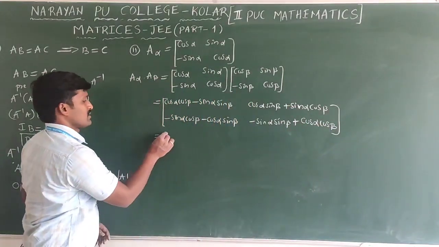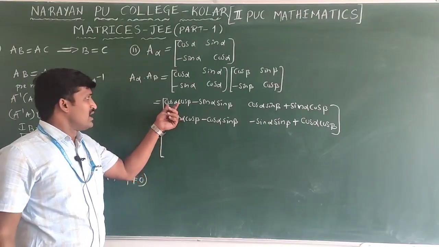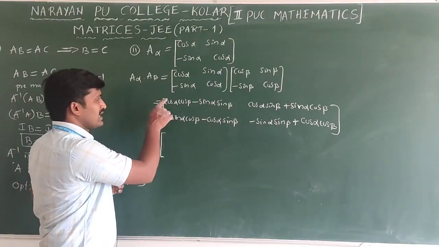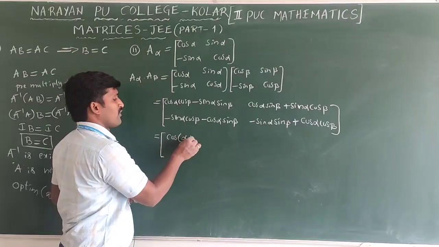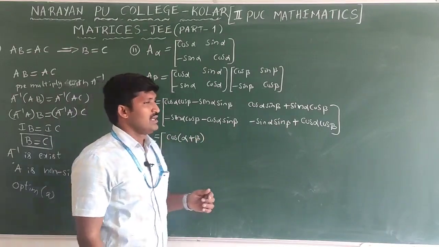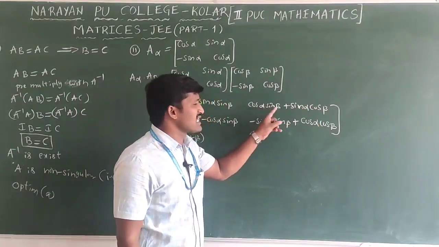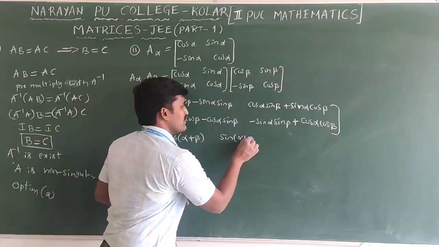Now this is clearly in the form of cos of A plus B. The cos of A plus B formula is cos A cos B minus sin A sin B. Here A is alpha, B is beta. That's why here it is cos of alpha plus beta. What is the sin of A plus B formula? Sin A cos B plus cos A sin B. That's why it is clearly sin of alpha plus beta.